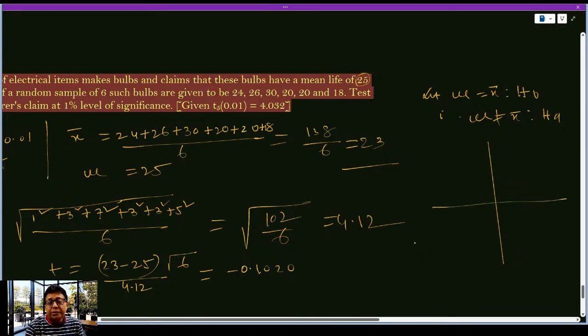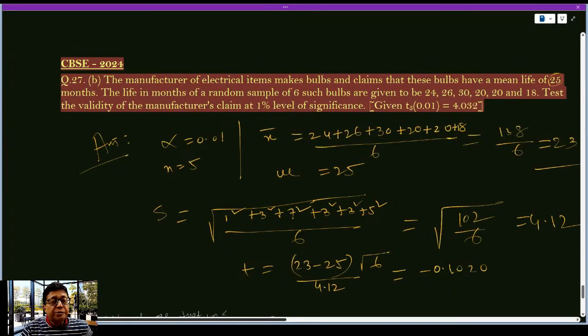The t value we got, oh my god, sorry. So we need to test. The value of t we have calculated from the given data is minus 0.1020.